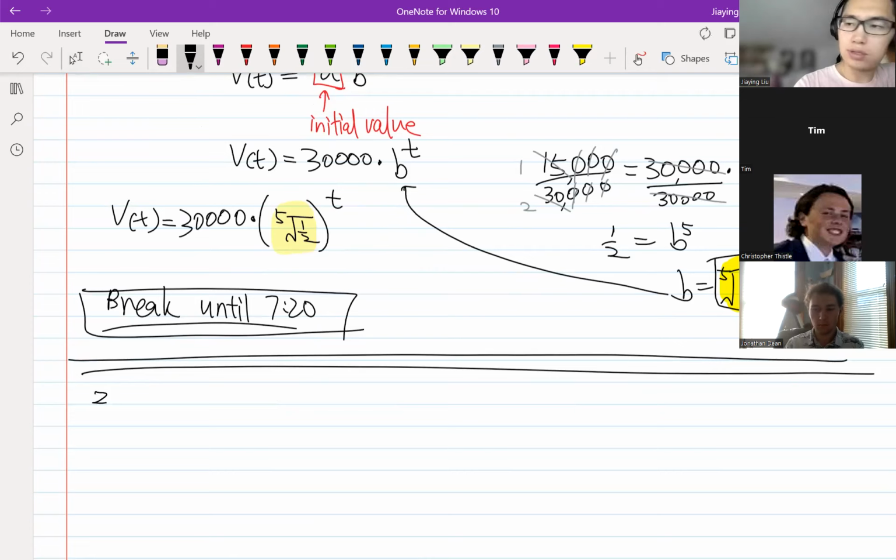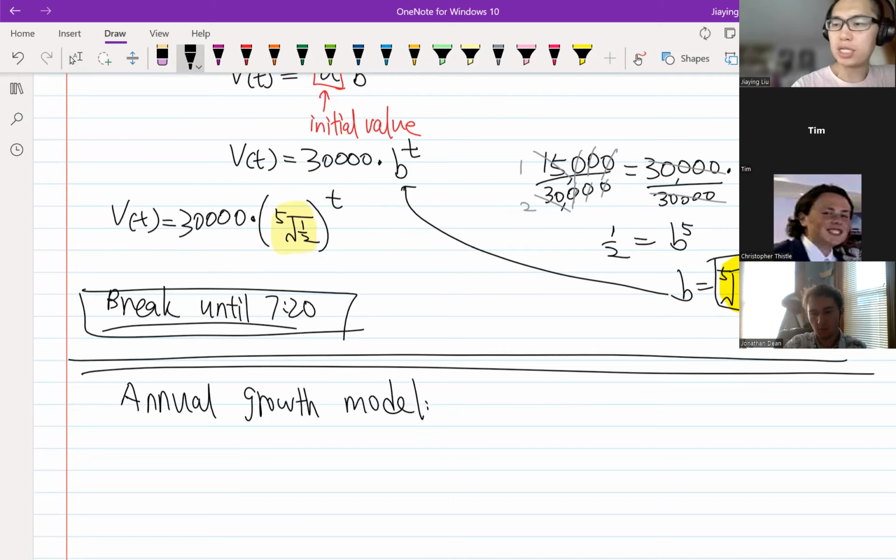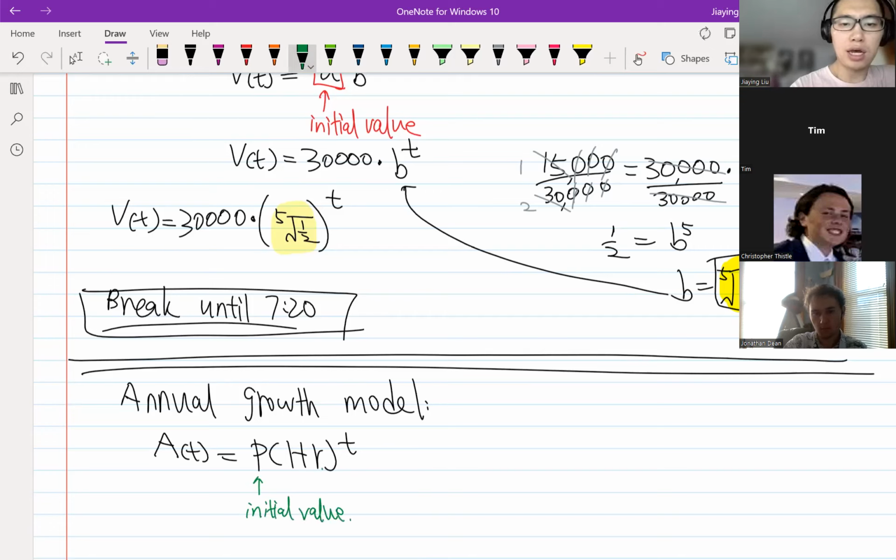The next part is the annual growth model, which has a formula of A of t equals P times (1 plus r) to the t. And P here is like the a, which is the initial value. And r here is the annual growth rate.